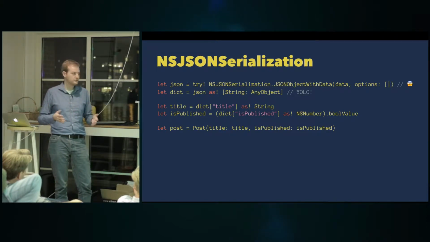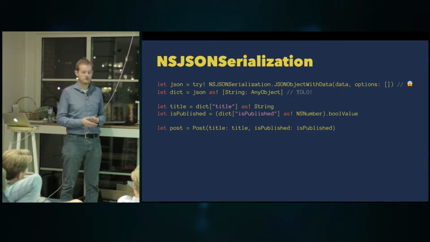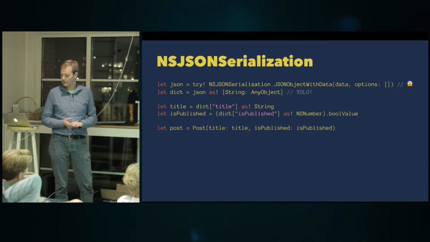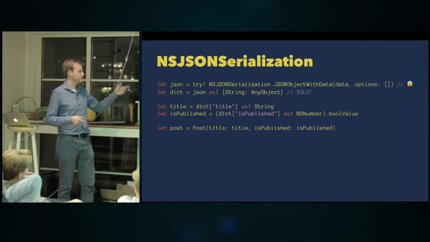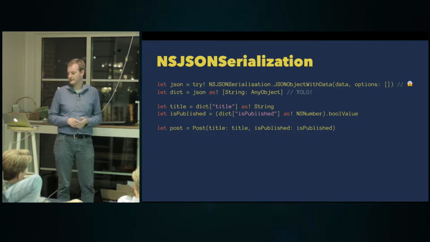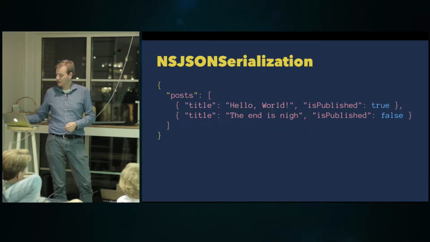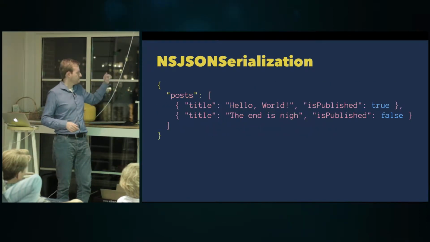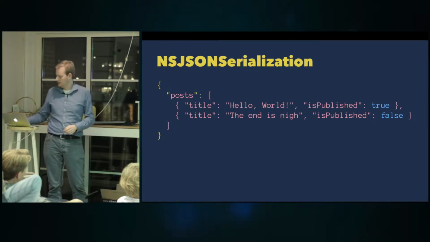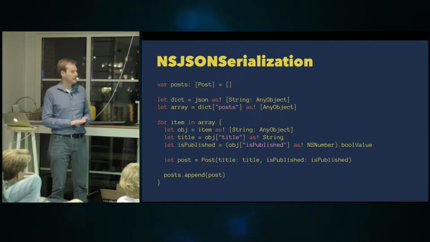And then finally we have the two fields which we can give to the Post constructor. And Swift is nice enough to generate the Post constructor for us because we didn't have to write it, so that's nice. But this was the original JSON. It's actually an array, so now we have to type this.